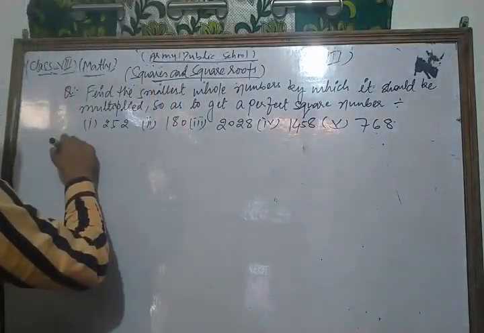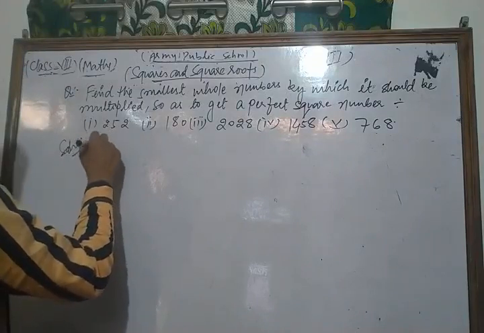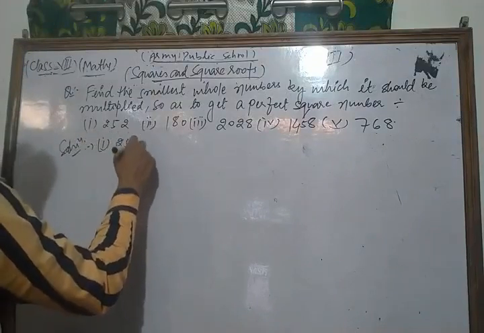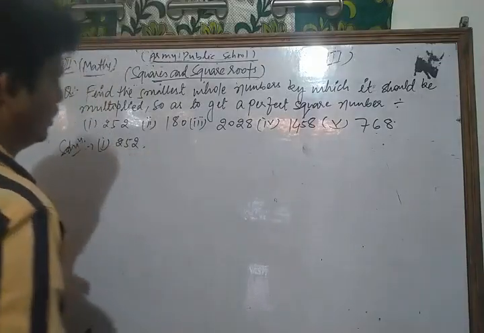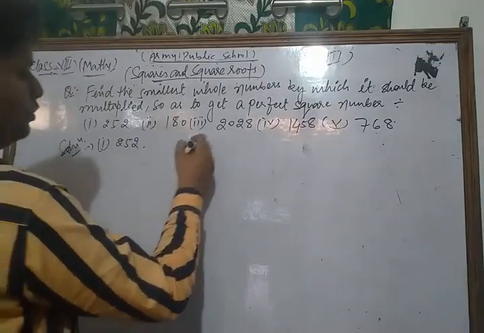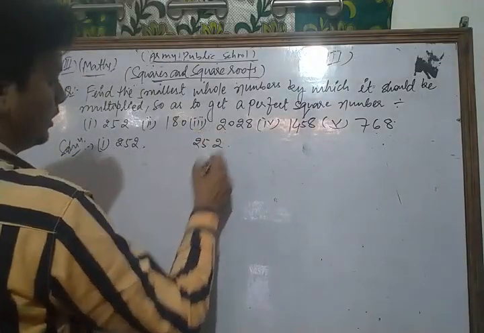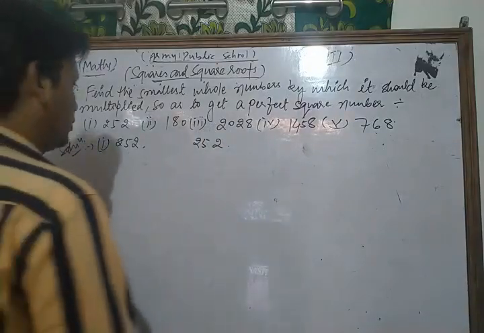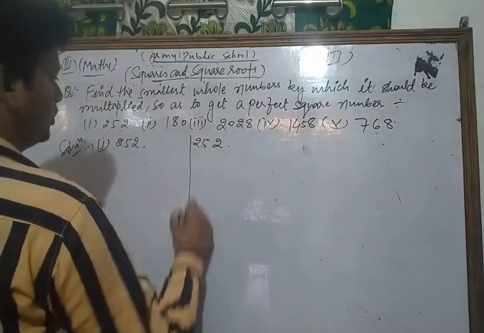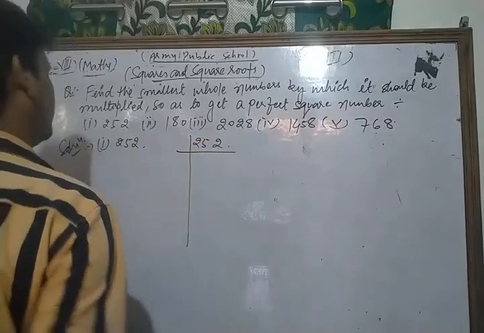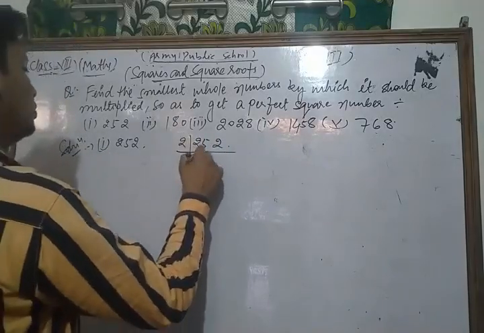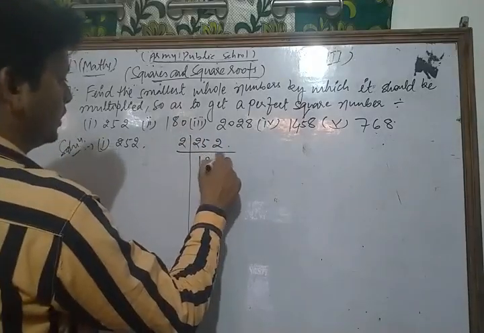Let's see. So first of all we take the first part of this question, which is 252. First of all we do the prime factorization of that number. So from 2 we get what? 2 1s are 2, 2 2s are 4, 2 6s are 12.